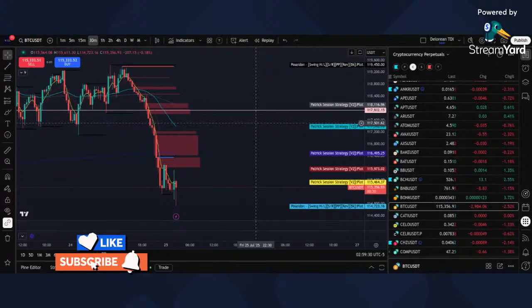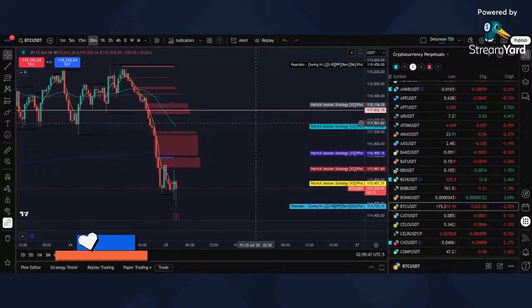We had about a 600-point retracement of Bitcoin within the last few minutes. Let's see if that holds. We get a nice fair value down. Still don't see any support yet.